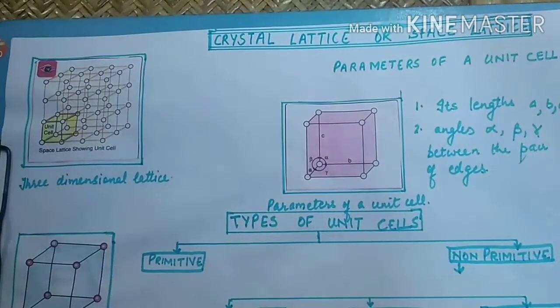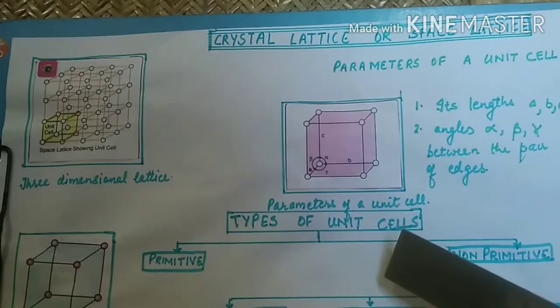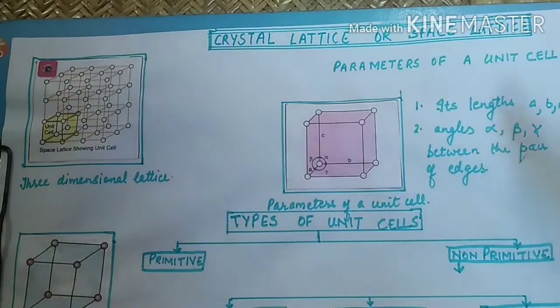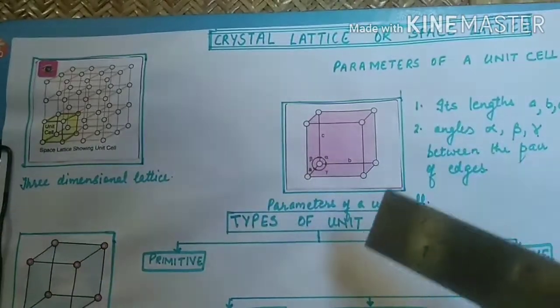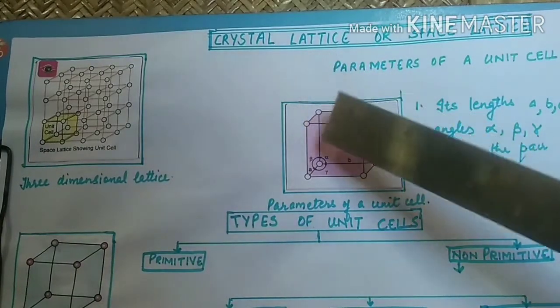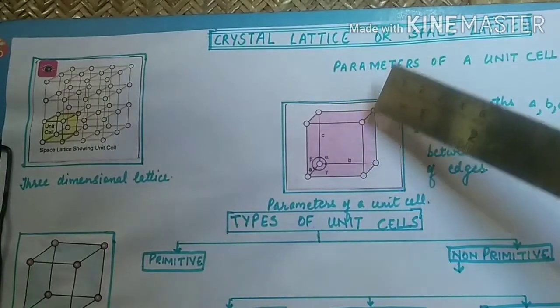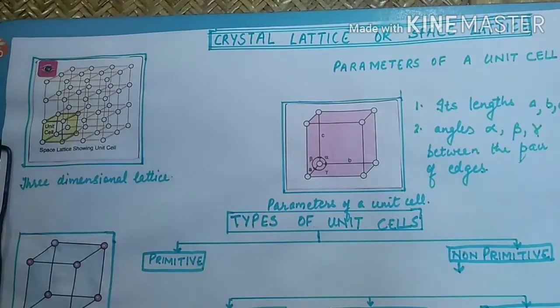Now also we can classify the unit cells on the basis of the positioning of atoms in these unit cells, the atoms which are being arranged regularly. If a unit cell has atoms only at the corners of the unit cell, then such a unit cell is called primitive unit cell.